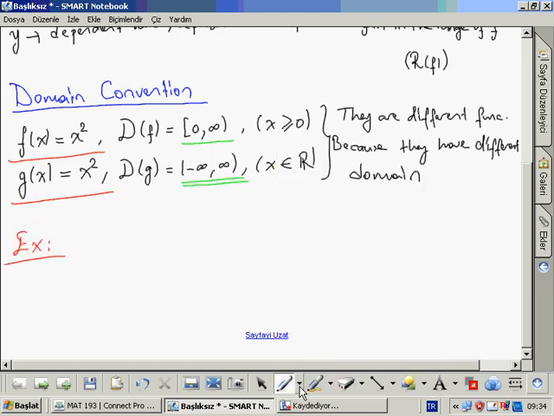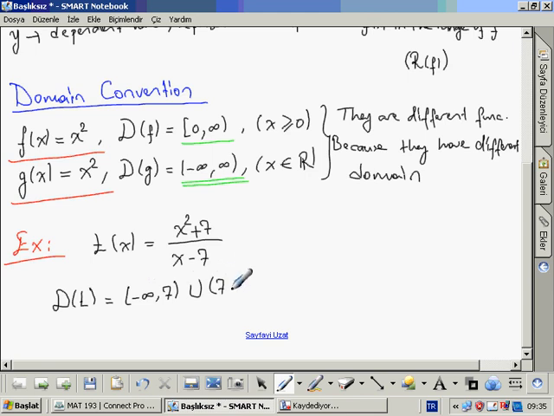The t of x function equals x squared plus 7 over x minus 7. Okay, and the domain of t function must be minus infinity to 7 open interval union 7 to plus infinity open interval.